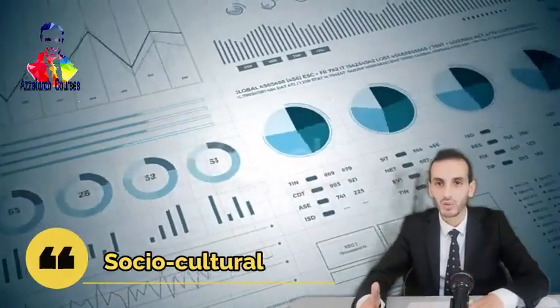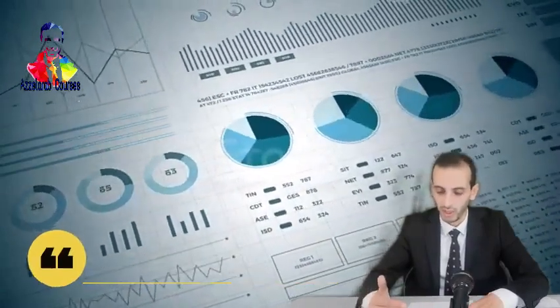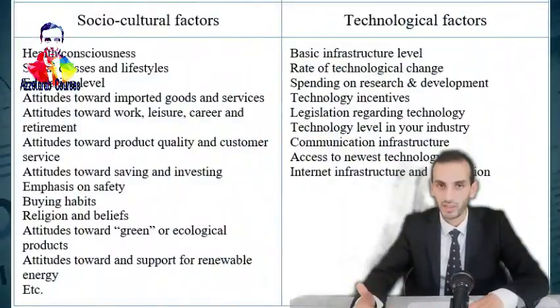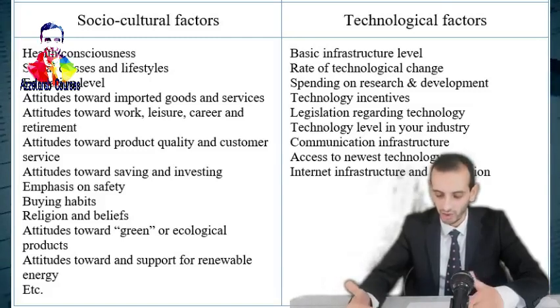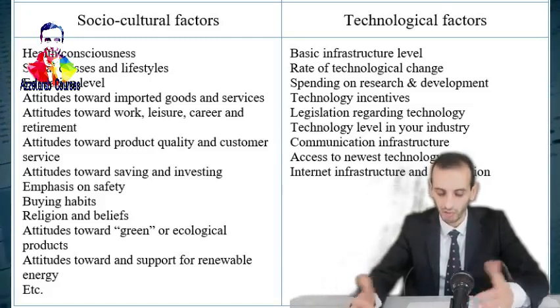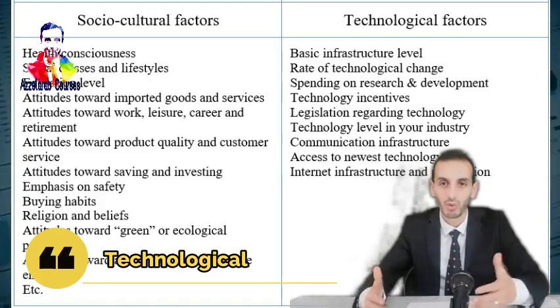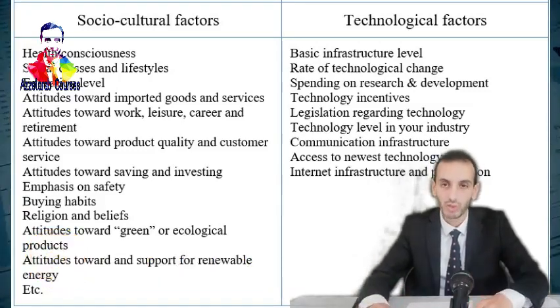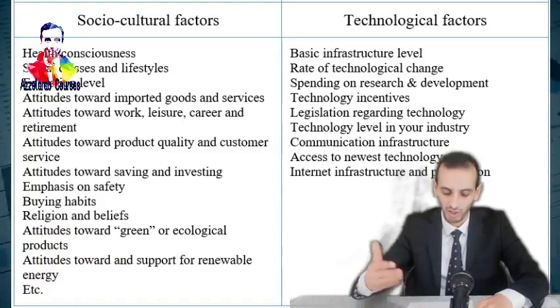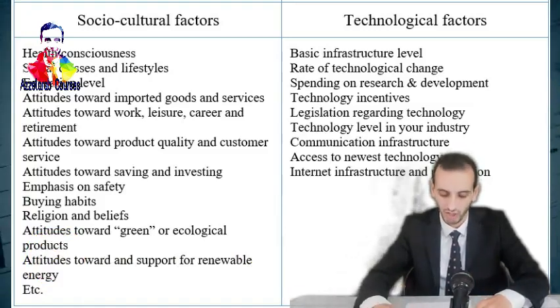In the socio-cultural, we can analyze factors such as population demographics, social mobility, lifestyle changes, consumerism, and levels of education. For technological, particularly nowadays, we are living in a disruptive world, so we need disruptive technologies and disruptive innovations.